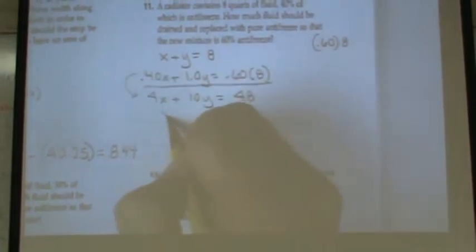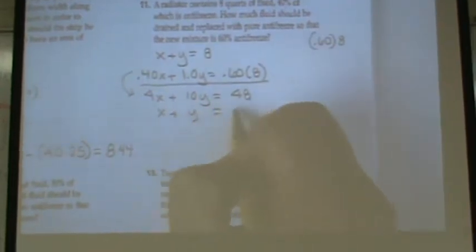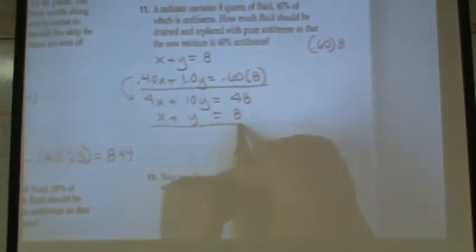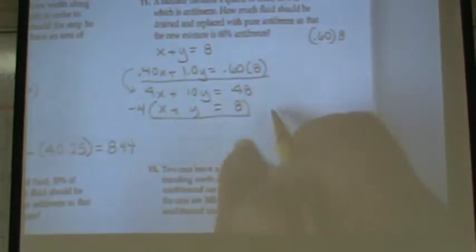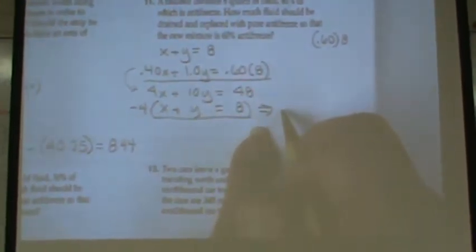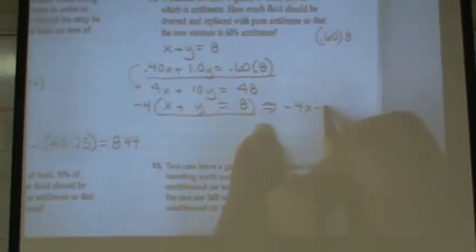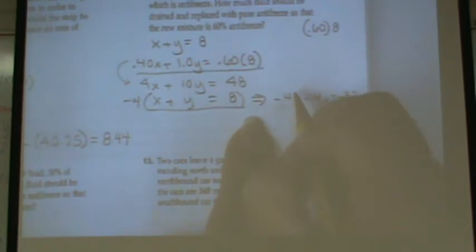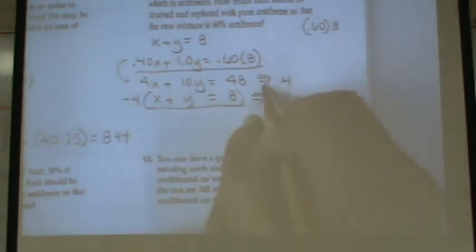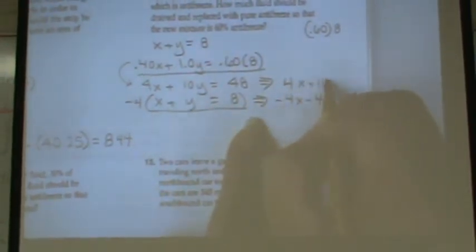And then this one is x plus y equals 8. Now I would multiply this bottom equation by -4. So this equation would be -4x minus 4y equals -32. And this one stayed the same, 4x plus 10y equals 48.